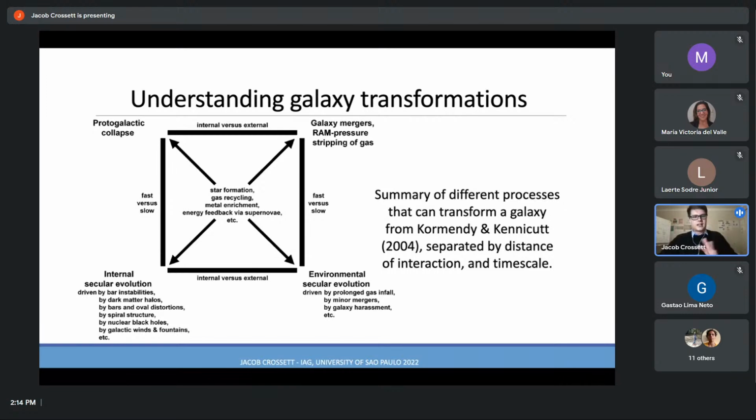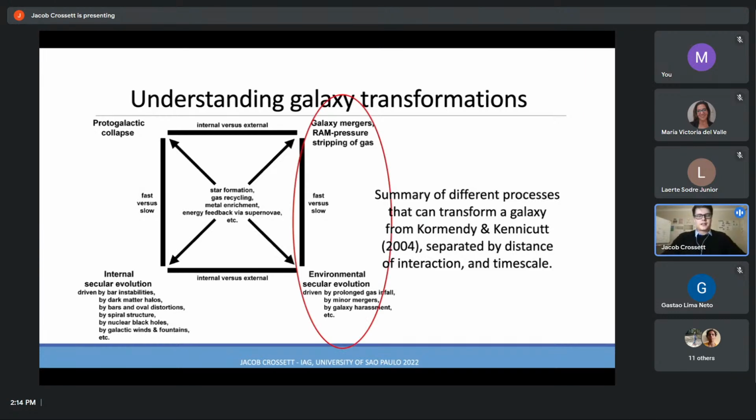And then left and right, we can look at things that happen within the galaxy, such as the morphologies, such as bars and spiral structure, changing how gas is distributed, or things on the right-hand side, which is other galaxies and other mechanisms acting on the galaxy. And it's this right-hand side which is what I'm really interested in.